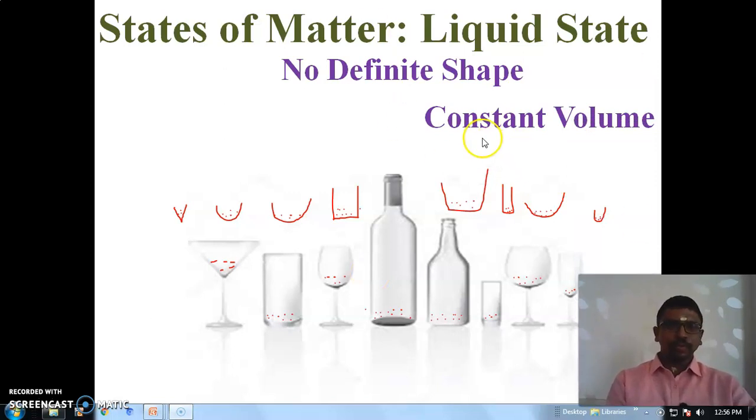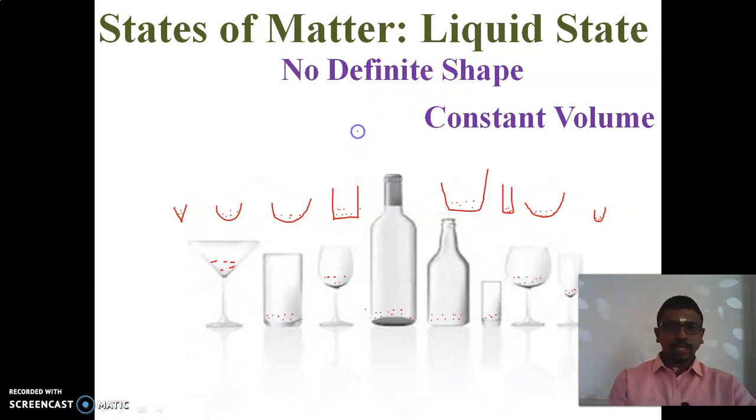We take the same amount of water and transfer it into all the apparatus, so the volume is constant. So this is the definition for liquid: a liquid has no definite shape, but it has a constant volume.